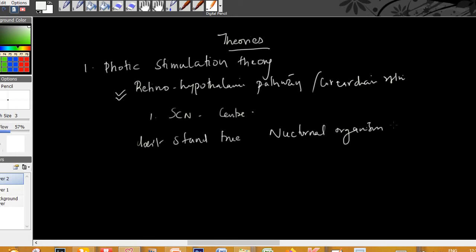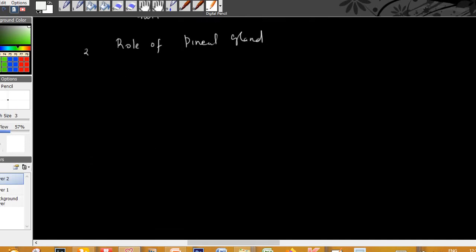Now the next theory where we have to elaborate is about the role of the pineal gland. This is a mechanism and a proposed theory for the onset of sleep. How does this work?